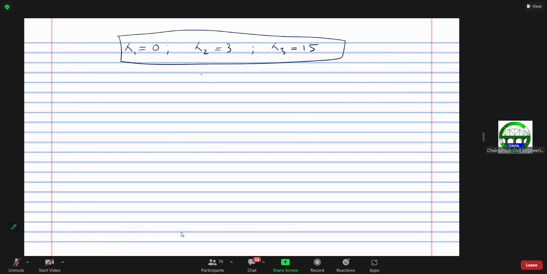Okay, so these are the lambda 1, lambda 2, and lambda 3 values.